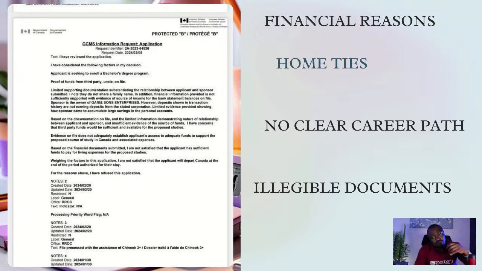It is a consular note whereby all the actions and steps taken in your application, what the officer noticed, and the reason why your visa was approved or rejected, are stated. To apply for the GCMS note, the first thing you should do is use what they call the ATIP, the Access to Information and Privacy Act.